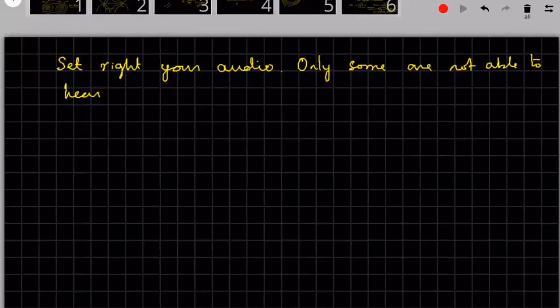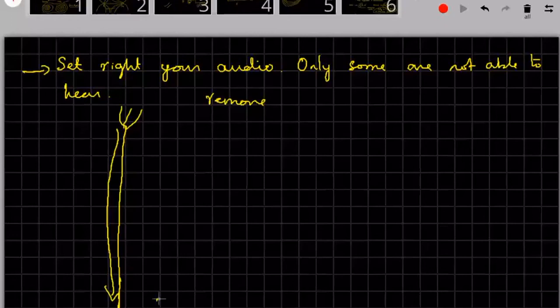Okay, so lightning conductor. Suppose this is a tall building and you have your lightning conductor there. The aim of the lightning conductor is to quickly conduct the charge, to remove the charge. So if you connect it to the earth, if you bury it inside the earth, the earth is a reservoir of charges. So what does the earth do? If a negative cloud comes here, the earth will take away the electrons.